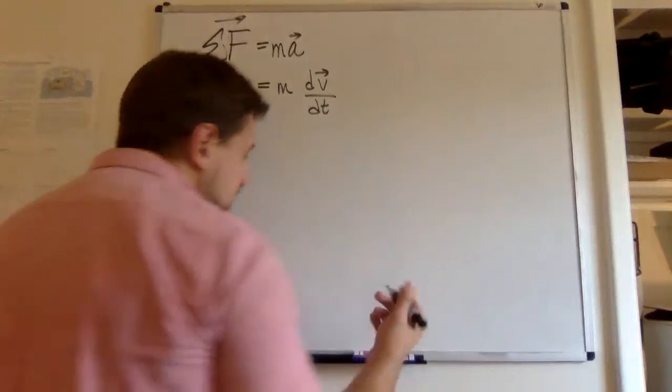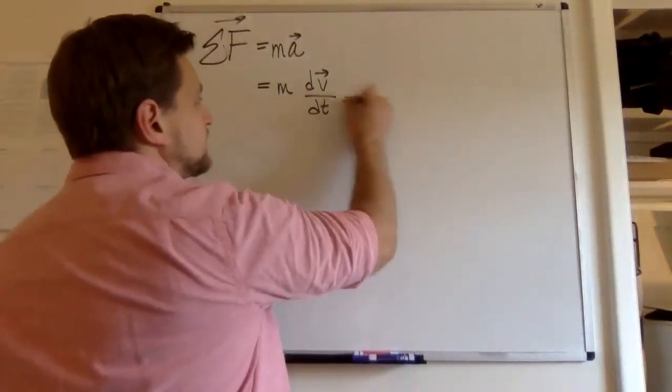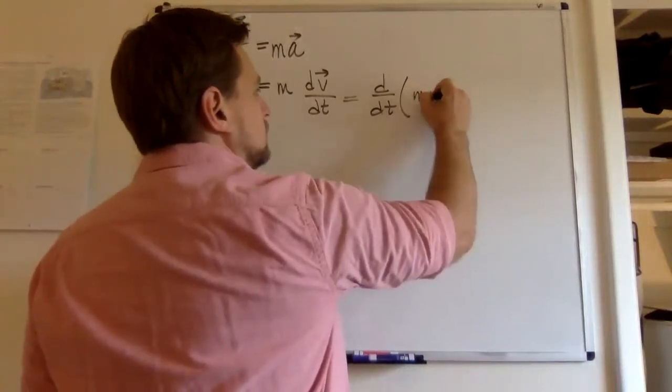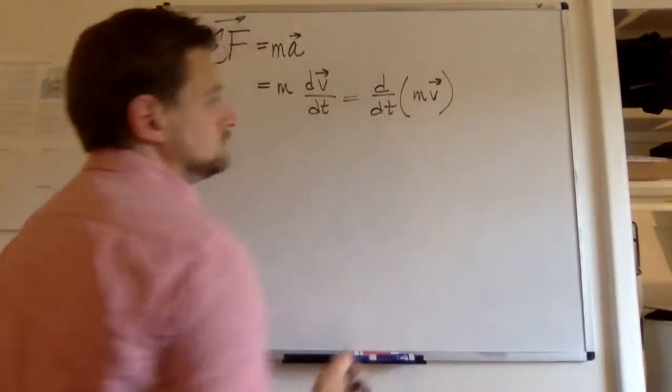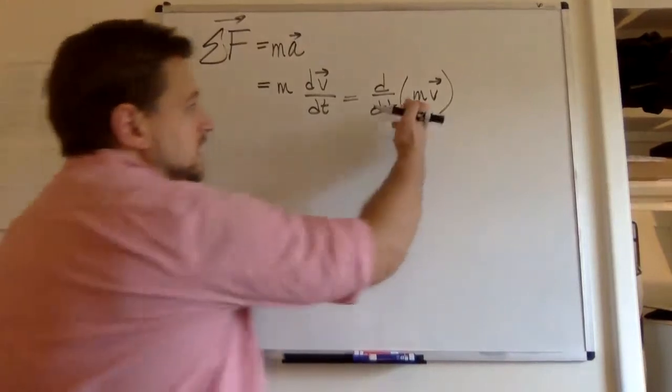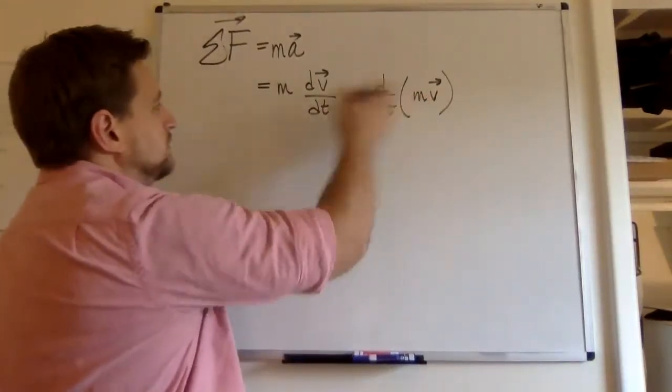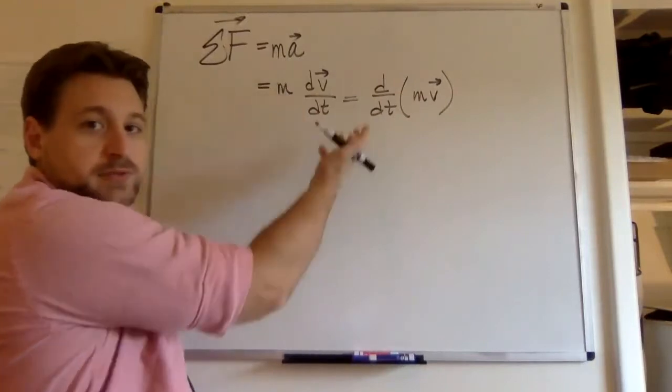which means we could have written this. If the mass is constant, then we could pull it outside the derivative and we'd end up with this again that we had before.